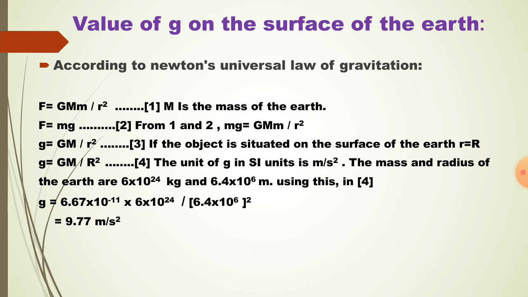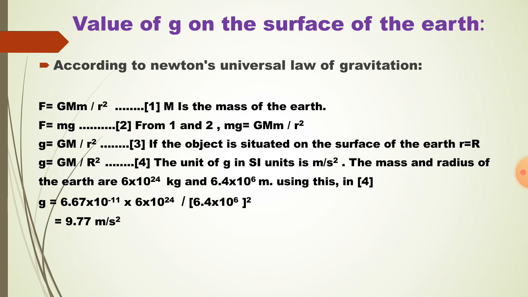F gets cancelled. So mg is equal to G capital M small m divided by r square. Then again small m gets cancelled. g is equal to G capital M divided by r square. If the object is situated on the surface of the earth, then small r is equal to capital R. So what will we get? g is equal to G M upon capital R square.